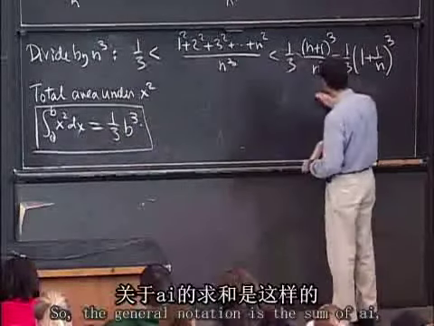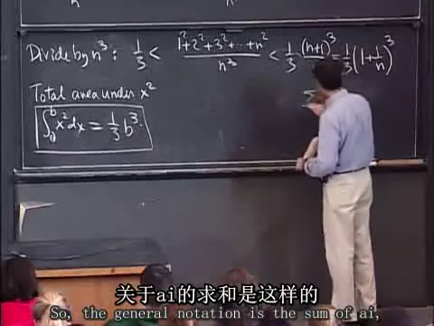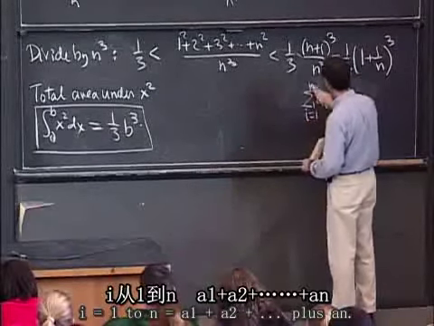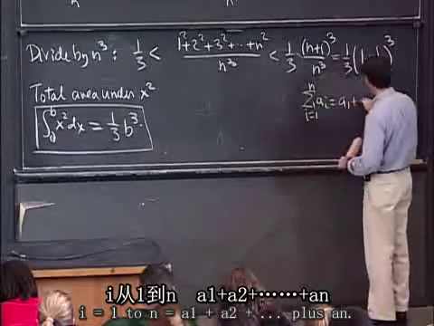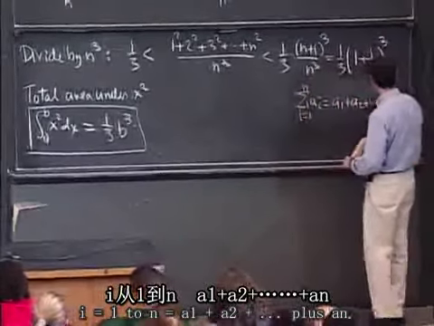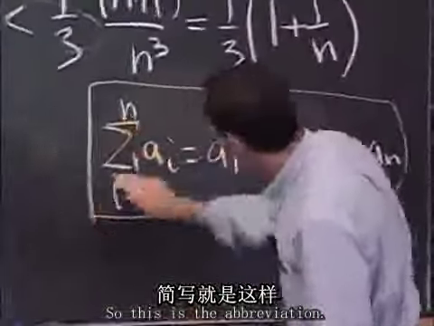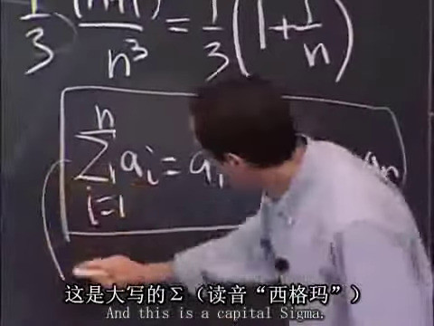Well, the general notation is the sum of a_i, i equals 1 to n, is a_1 plus a_2 plus ... plus a_n. So this is the abbreviation. And this is a capital sigma.